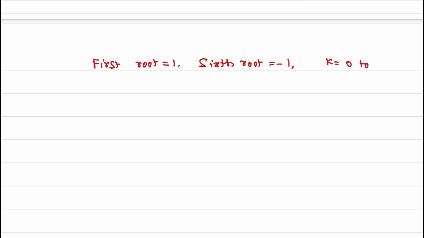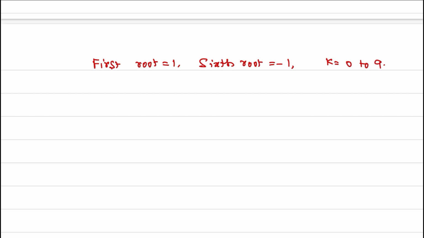A question can come in JEE or in Maths Olympiad. Or they can say the sixth root of e to the power of 2 pi ik by n multiplied by something. Unless you know the sixth root, you cannot go further into the problem.